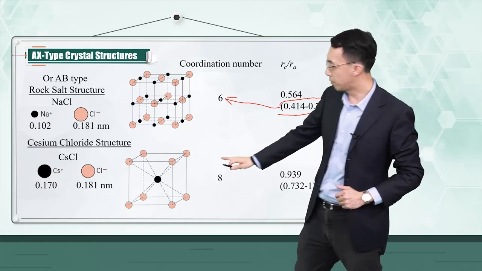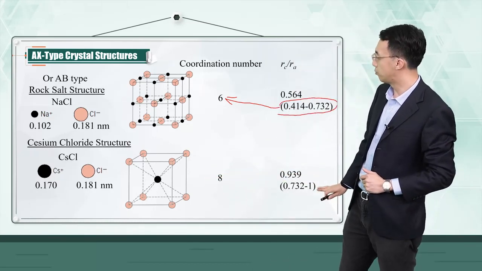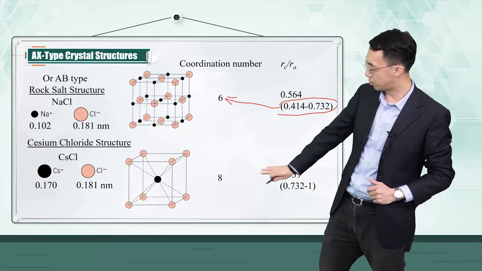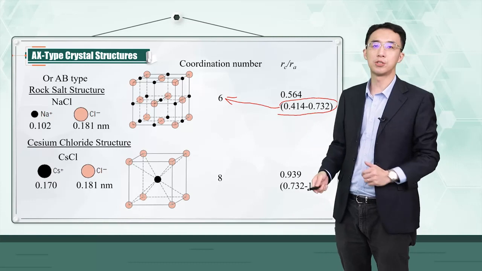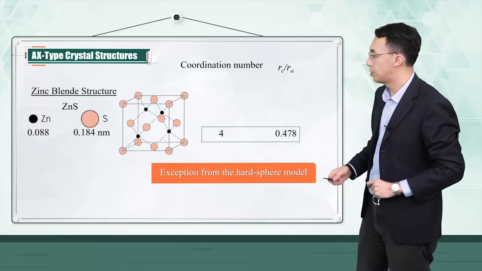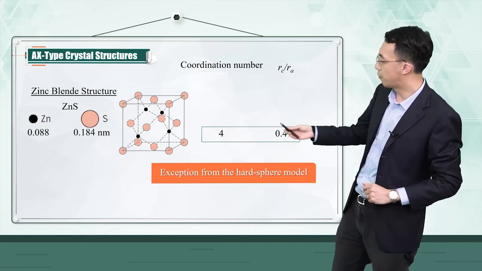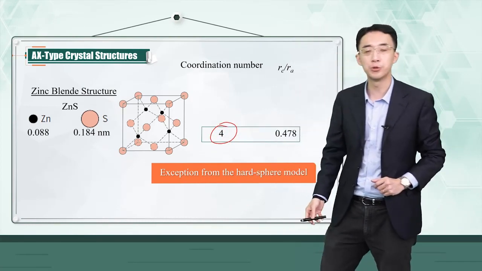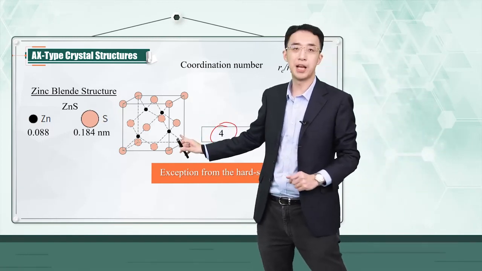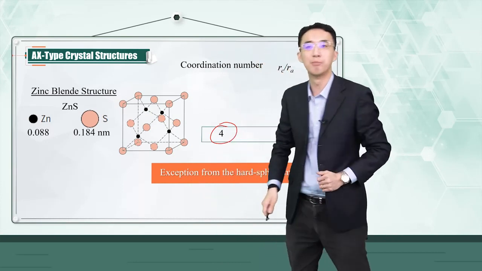And with cesium chloride, you will have a different cation to anion radius ratio, which will give rise to a different coordination number, which will result in a different crystal structure. This is exactly the same case for your zinc sulfide, where you have a coordination of 4, which gives rise to your two interpenetrating FCC structures with a relative displacement of 1/4 of the body diagonal.